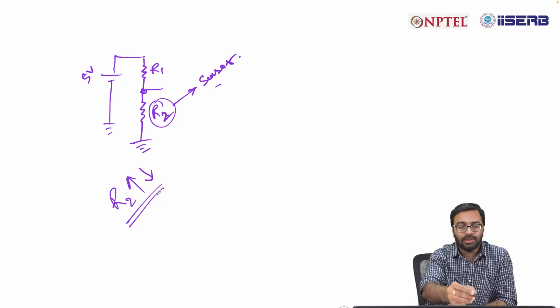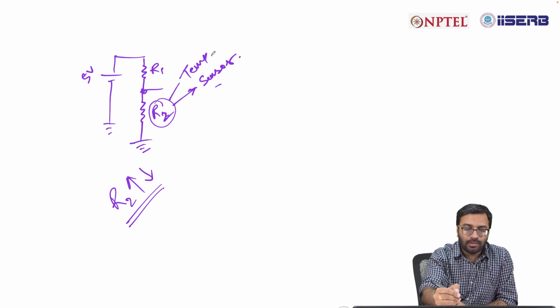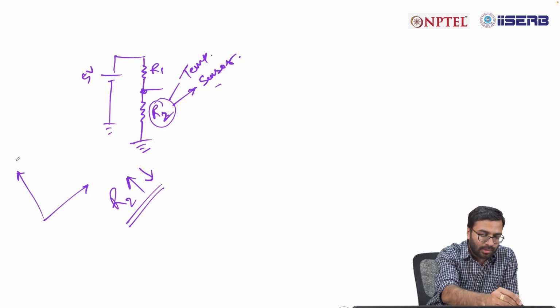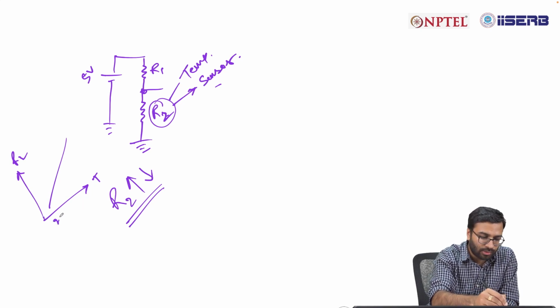Now because your sensor is resistive, definitely R2 will increase or decrease in presence of a stimulus. For example, if you consider R2 as a temperature sensor, the value of R2 will be a function of temperature. Say in this case it is increasing with temperature, say from 20 to 80.